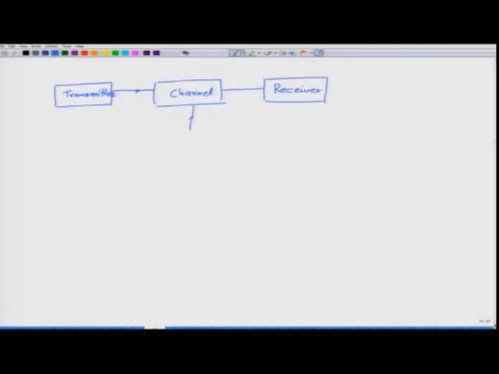In the channel, there may be some noise associated with the signal. So, these three are essentially the building blocks of a communication system. Before the transmitter, there is the source of information, and after the receiver there is a person, or you can say the receiver of information.